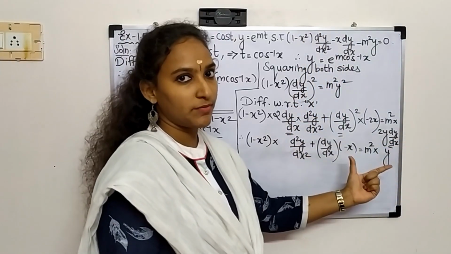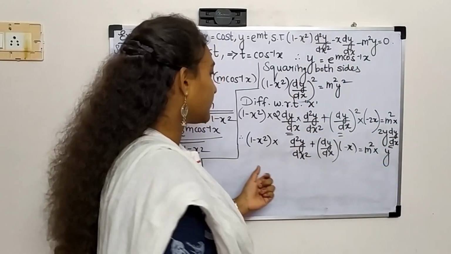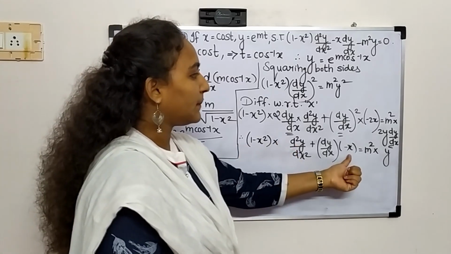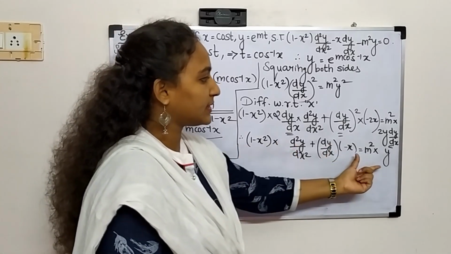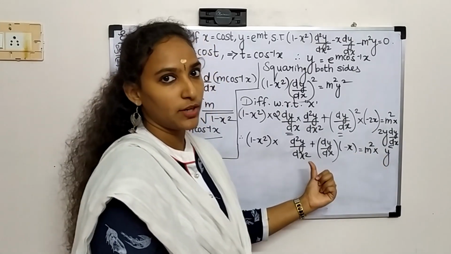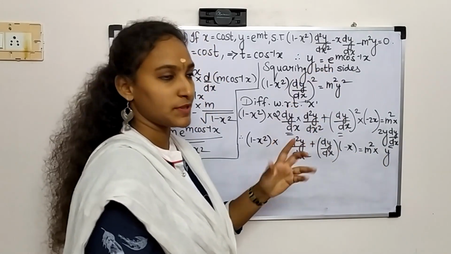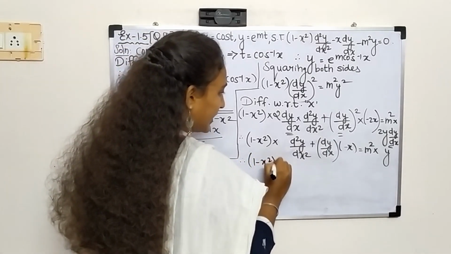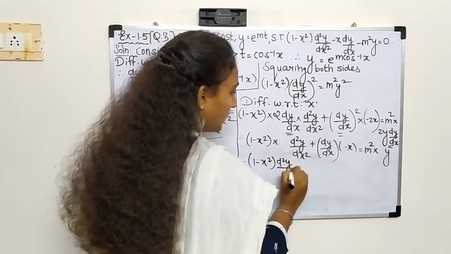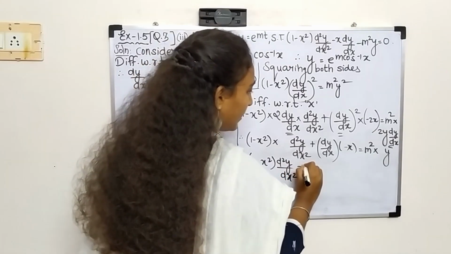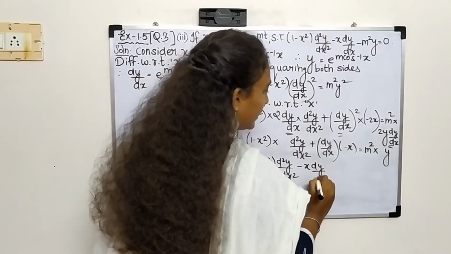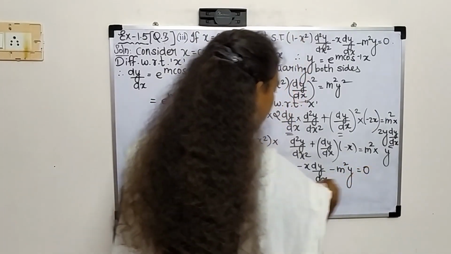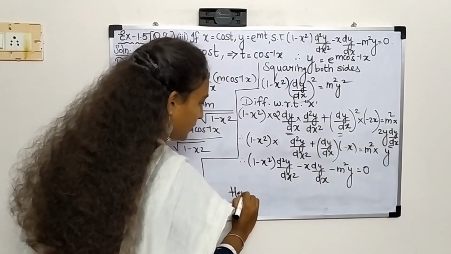Moreover, 2 is also a common factor, so we can remove that also. So we get 1 minus x square d square y upon dx square minus x dy by dx. This m square y can be taken to the LHS, so it becomes minus m square y. Therefore, 1 minus x square d square y upon dx square minus x dy by dx minus m square y is equal to 0. Hence shown.